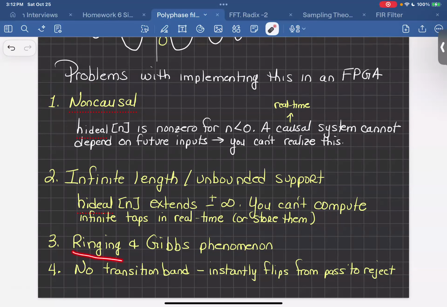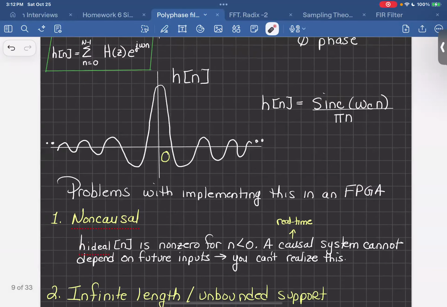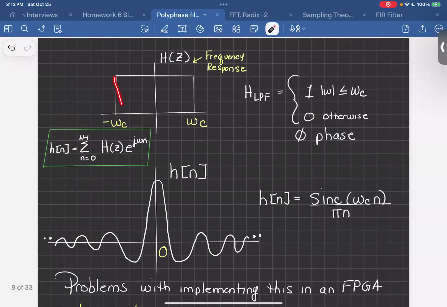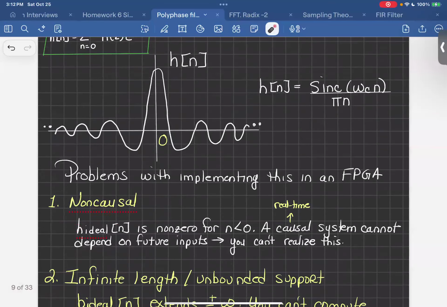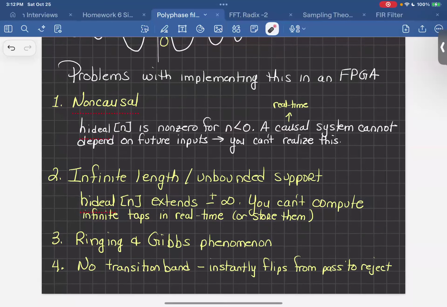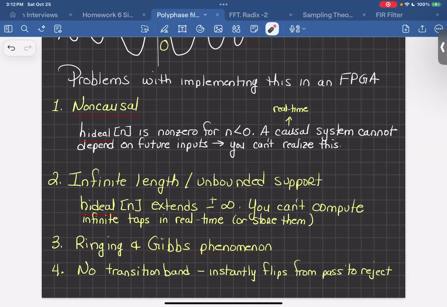Then there is something called ringing and Gibbs phenomenon. And that is an issue with this kind of brick wall. It is a brick wall low pass filter, okay? So you learned about Gibbs phenomenon before. And then there's no transition band.